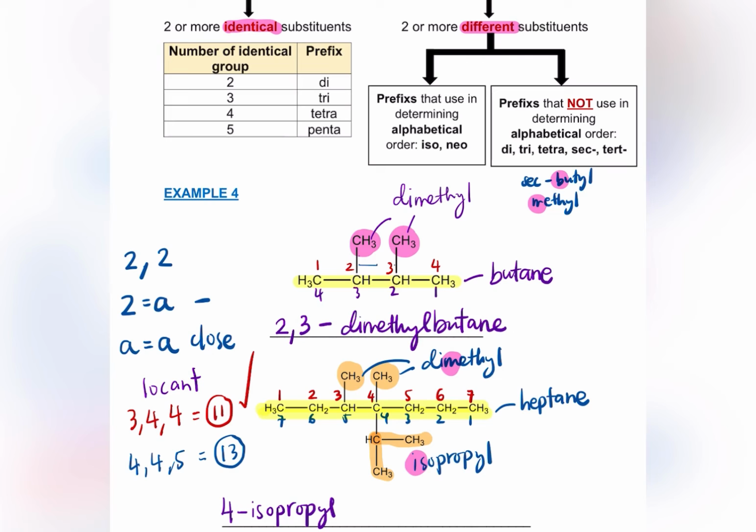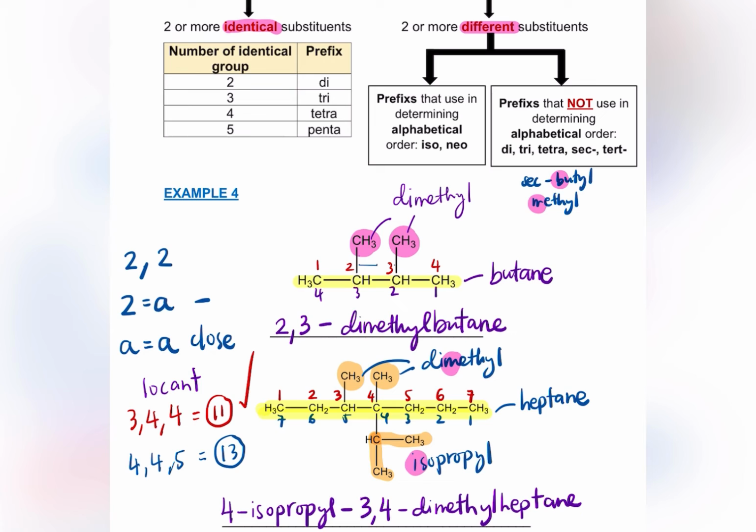And then the next one, I'm going to write down my substituents, 2 of them at position carbon number 3 and 4. Make sure you put in the correct sequence, 3 first followed by 4, but put the dash first because it's the number, 3,4-dimethyl, and then my parent will be heptane.